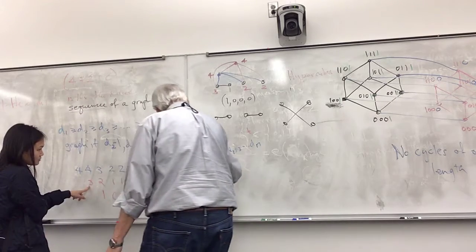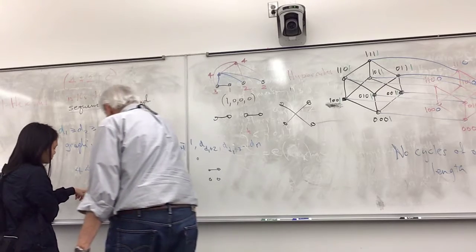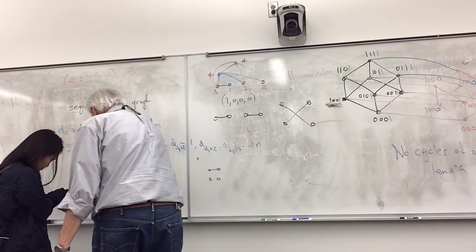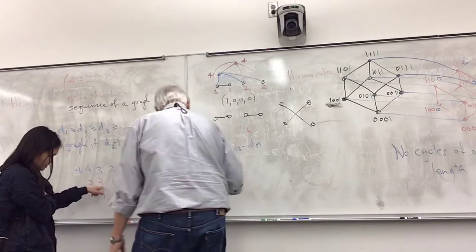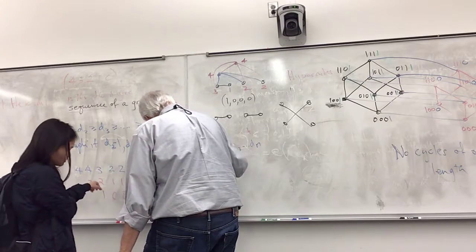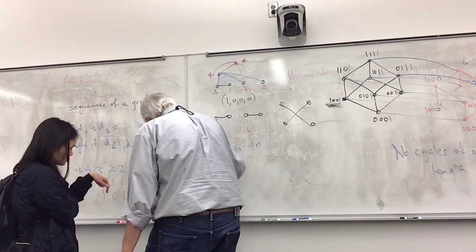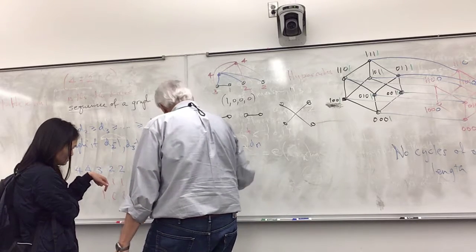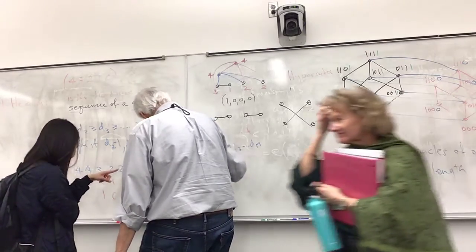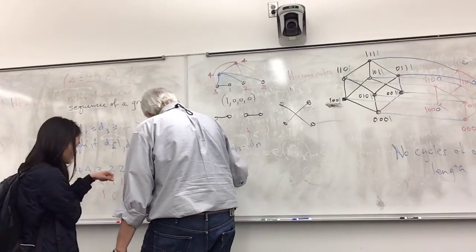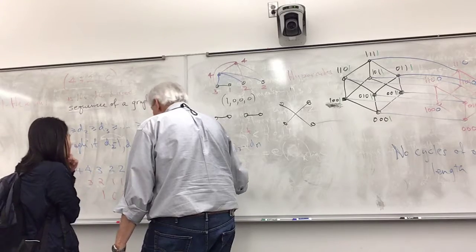I'm going to come in with a vertex of degree 3, and I want it joined to vertices of degree 1, 2, and 1, so 3, 1, 2, and then 1, 1, 1.